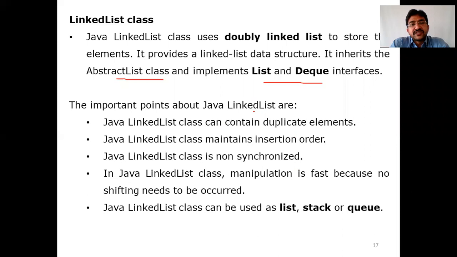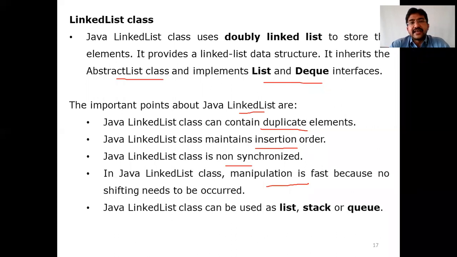Now coming to the important points in Java LinkedList: similar to ArrayList, it contains duplicate elements. It maintains insertion order, similar to ArrayList. It is also not synchronized, similar to ArrayList. In the Java LinkedList class, manipulation is fast, whereas in ArrayList it is slow. Why?